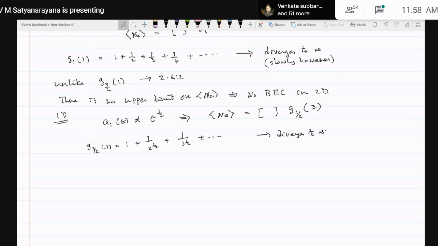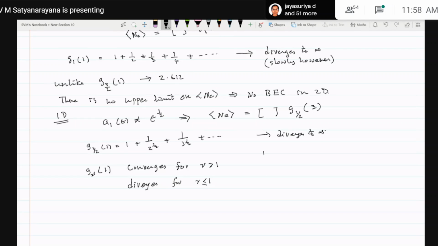In fact, you can say that g mu of 1 converges for mu greater than 1 and diverges for mu less than or equal to 1.